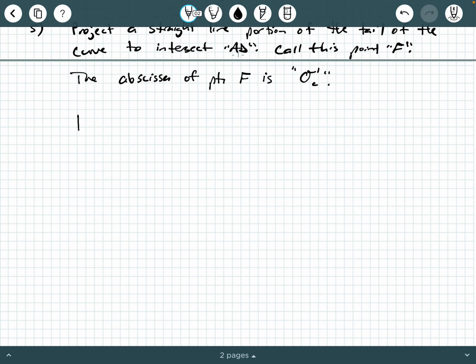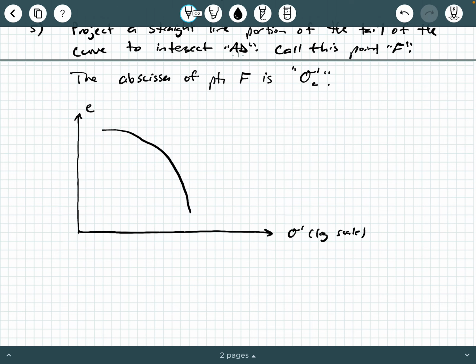So let's go ahead and just graphically show this out. Let's say we have e, and we have effective stress here on a log scale. And then we know, let's say the data shape looks kind of like this. Okay, this is a familiar shape to you, okay?